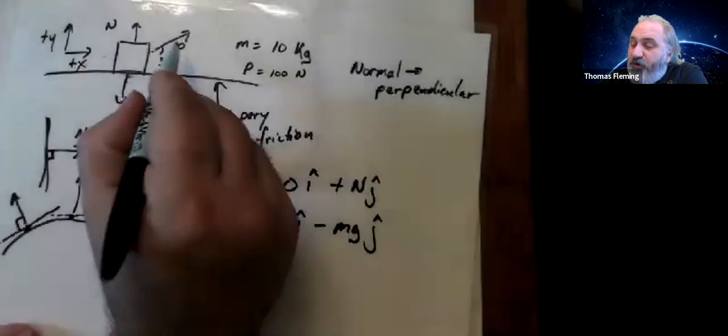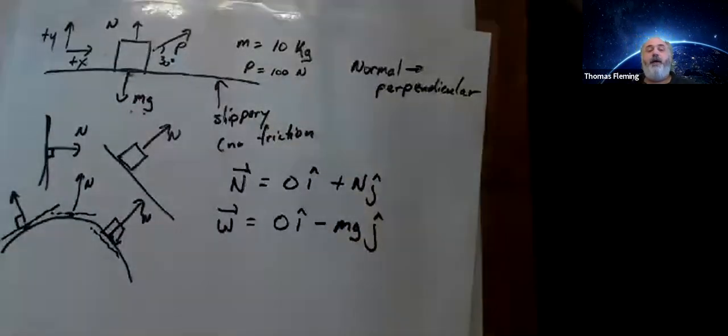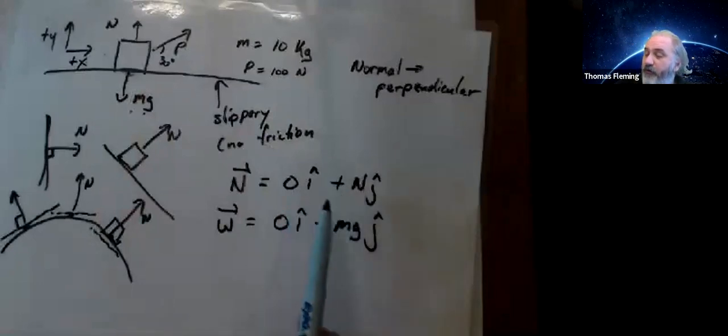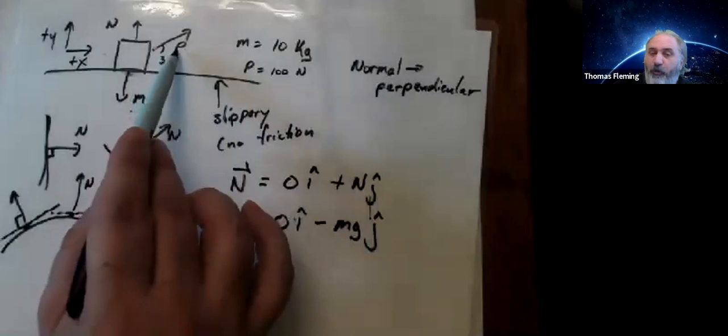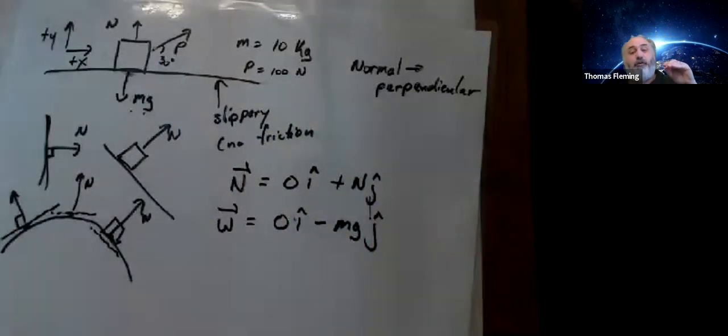Now, what about that push? Well, that push is tricky because it's diagonal. And because it's diagonal, it's going to be a little bit sideways, but also a little bit up and down. So when I do its components, unlike the previous two that were 0 in one direction and something non-zero in the other, this diagonal push force is going to be a little bit in each of the two directions.